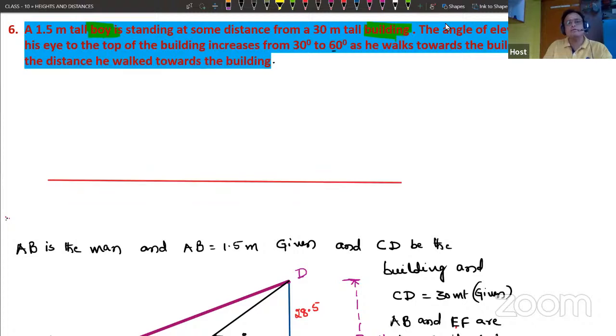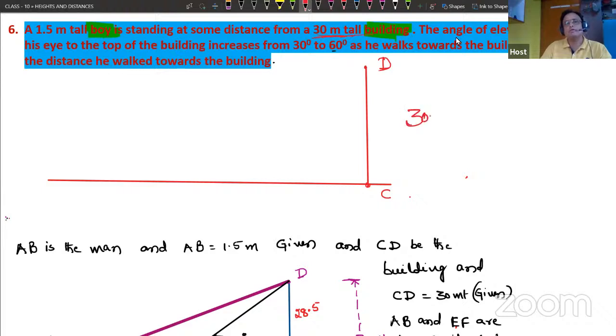Just once again, this is the level ground. And here, this is the building. This line is the building. Suppose I'm going to name it as CD is the building. And look at this, 30-meter tall building. That is, this height is already given as 30 meters.